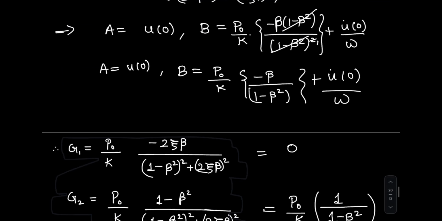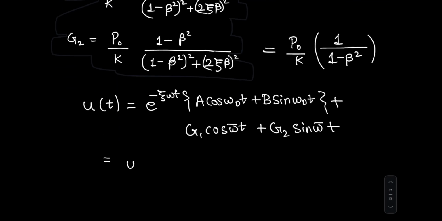In place of a, we'll substitute the a that we found here, which is u naught, u of 0, cos omega d.